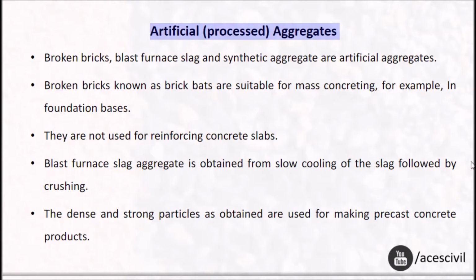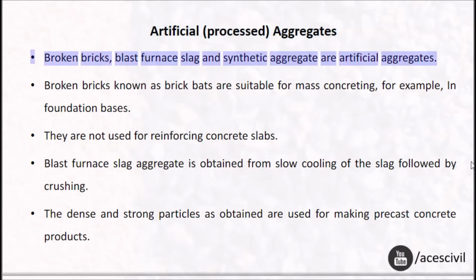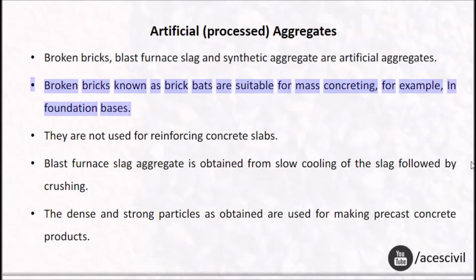Artificial, processed aggregates. Broken bricks, blast furnace slag and synthetic aggregate are artificial aggregates. Broken bricks, known as brick bats, are suitable for mass concreting, for example, in foundation bases.